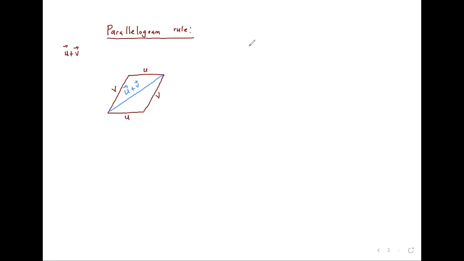If I put a point P here, you are moving from P to point R. You start from P, pass through M: using U, you move from P to M, and then using V, you move from M to N.